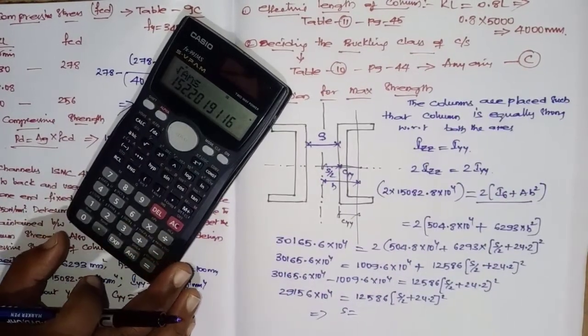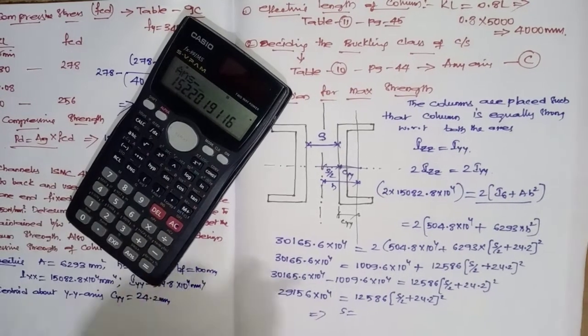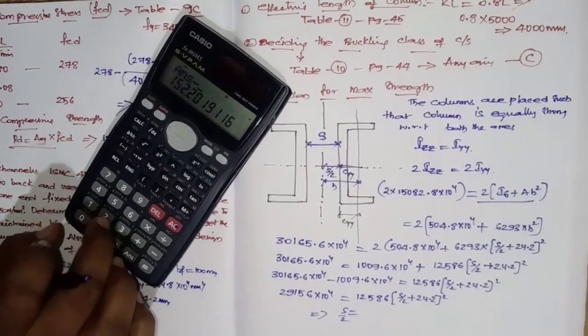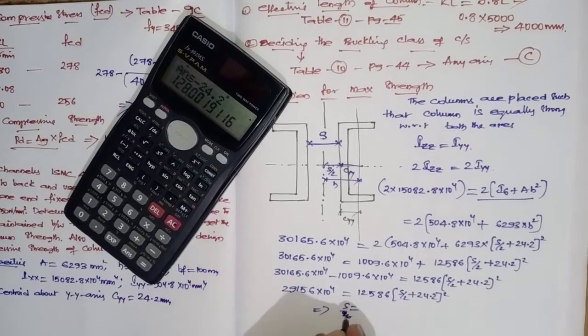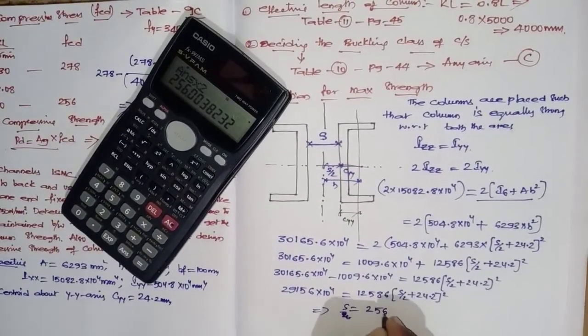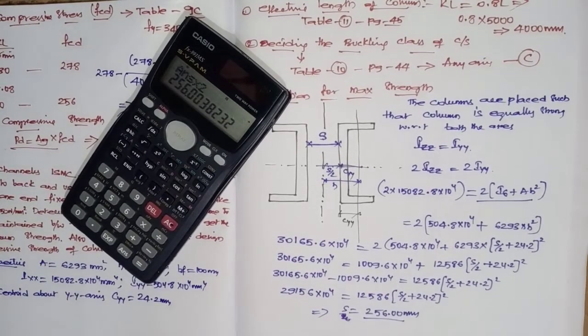So 125.209 minus 24.2 into 2, that is 256.00 mm. So this much is the minimum distance to be maintained for getting maximum strength.